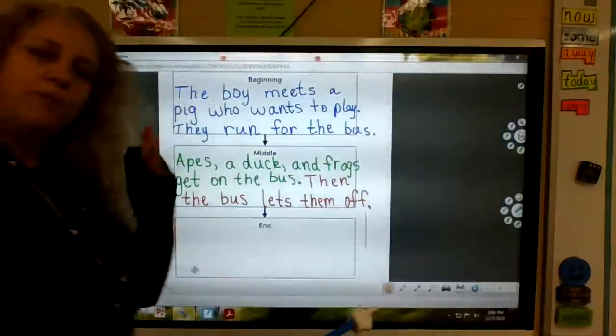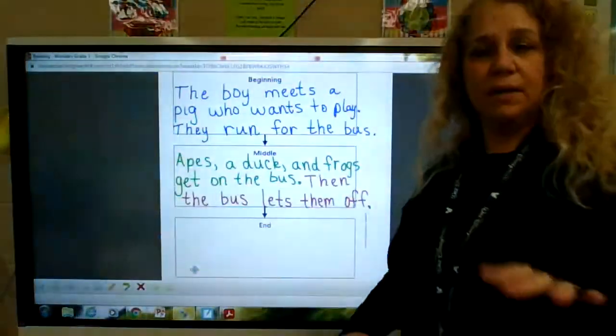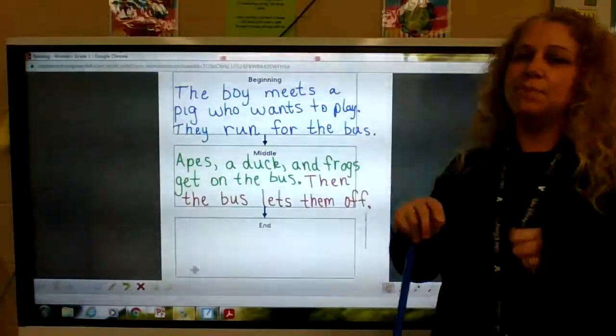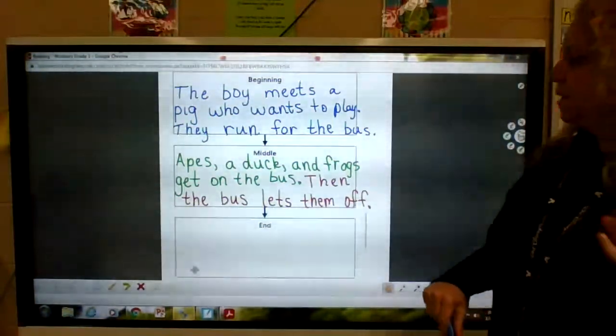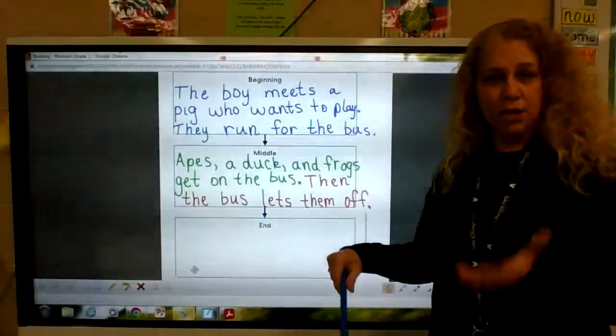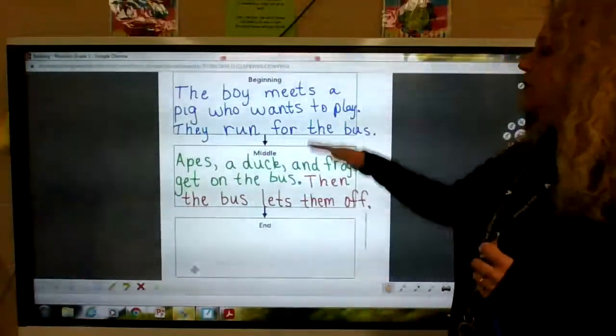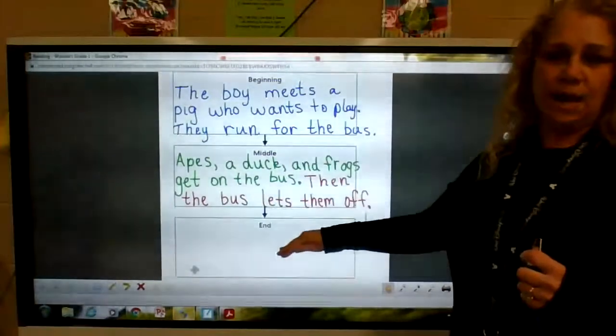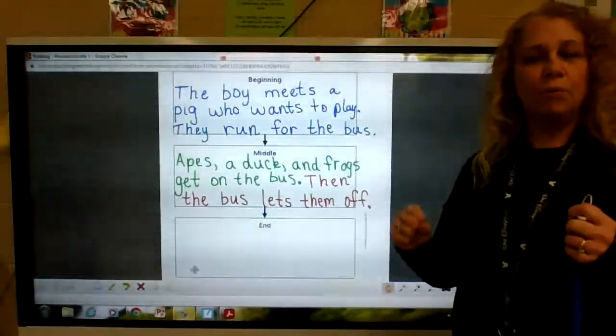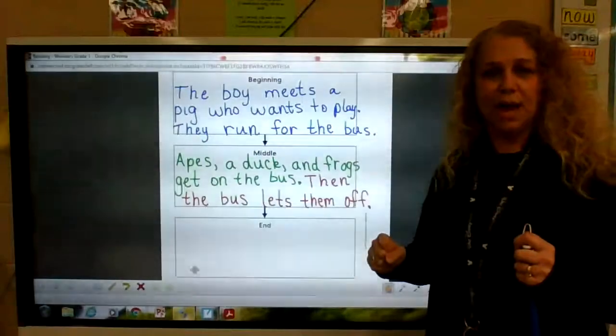There were other little things, details that happened, like the frogs cutting the gumdrops, picking them up, the apes bringing bananas onto the bus. But we don't have to write every single little detail when we're looking at beginning, middle, and end. We're just looking at the important main events that happen.